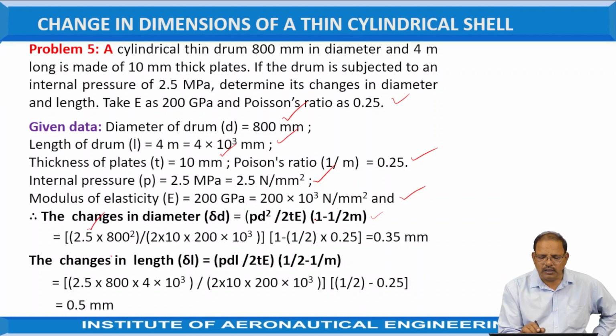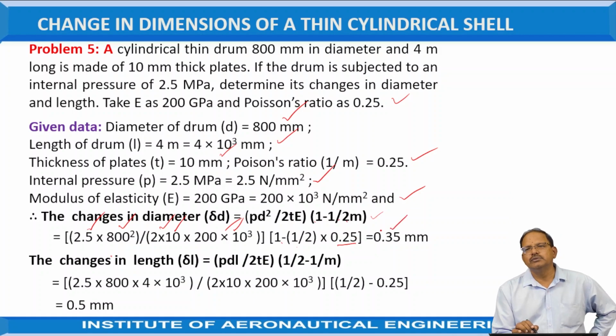D is equal to 800 mm, divided by 2T, where thickness is 10, and E is equal to 200 into 10 to the power of 3, into 1 minus 1 by 2m, where 1 by m is 0.25. Doing the calculation, we got this value as 0.35 mm. That is, because of this pressure, the diameter increases by 0.35 mm.